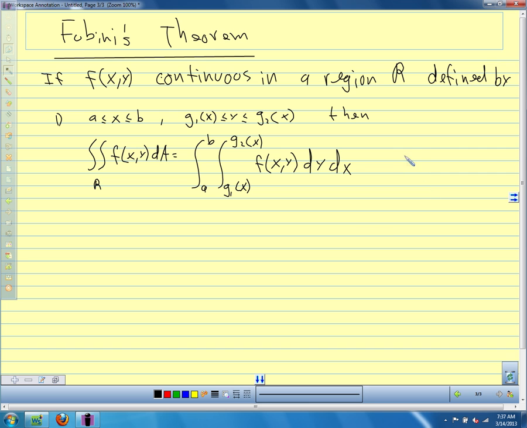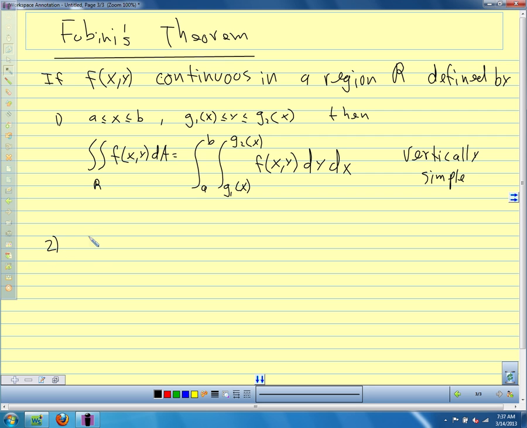And this is for our vertically simple region. And it's the same thing for a horizontally simple region. So basically Fubini's theorem tells us that we can evaluate a double integral as long as we have these conditions met, which is what we're going to have pretty much always, as an iterated integral.